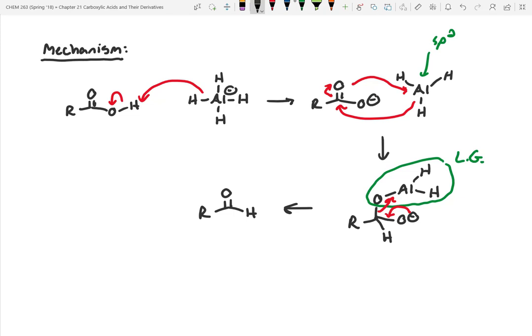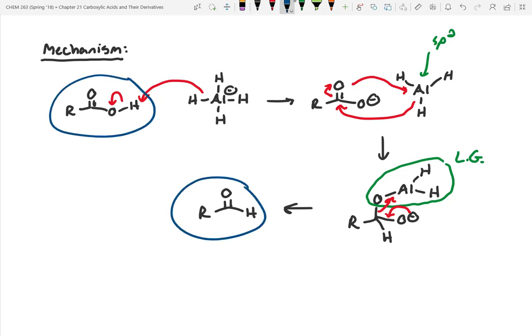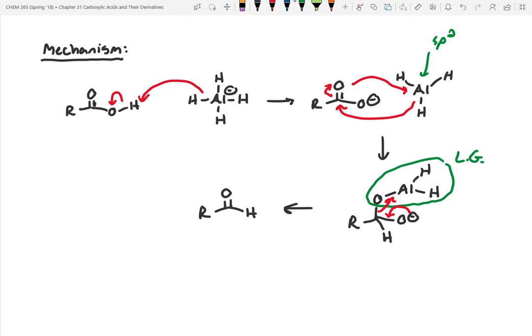The tricky thing, though, is when we look at our starting material here versus the aldehyde, which one's more reactive towards reduction? The aldehyde, definitely. So you can't stop here. Even if you form a little bit of it, it's immediately going to be reacted with any excess lithium aluminum hydride. So uncontrollably in the next step, you'll continue reacting this, where another equivalent of lithium aluminum hydride will attack in.